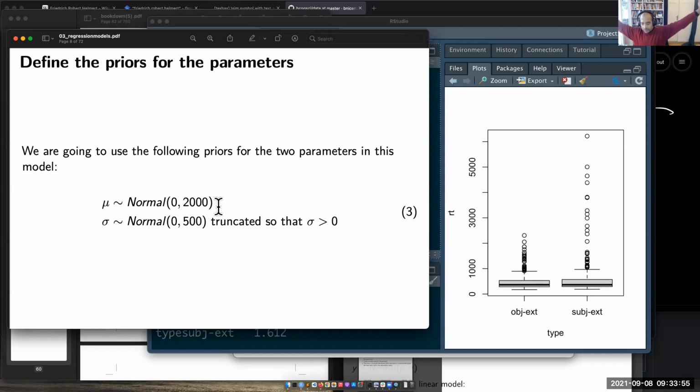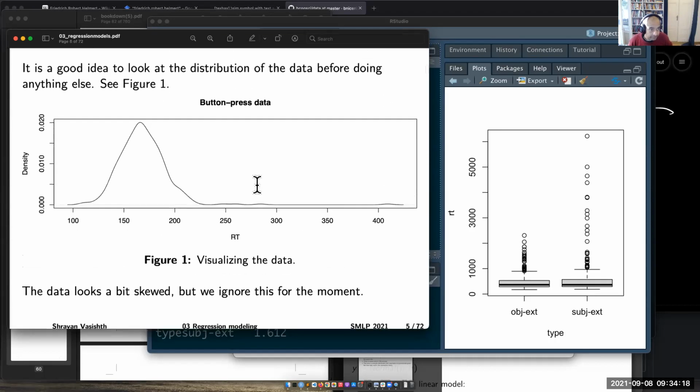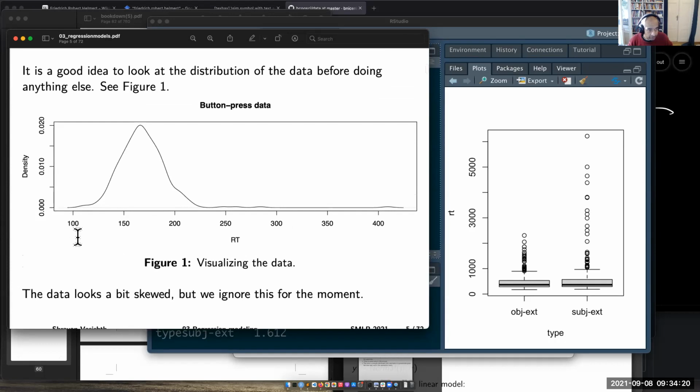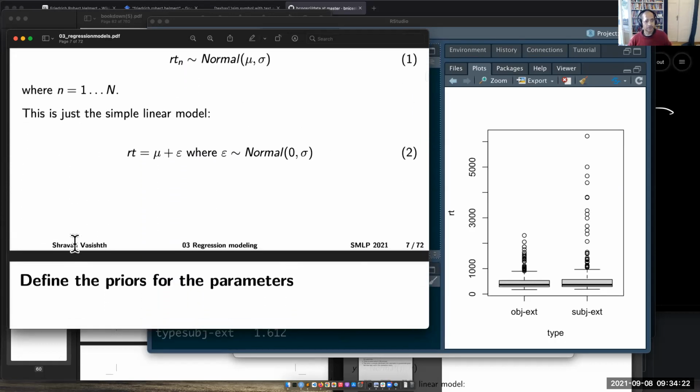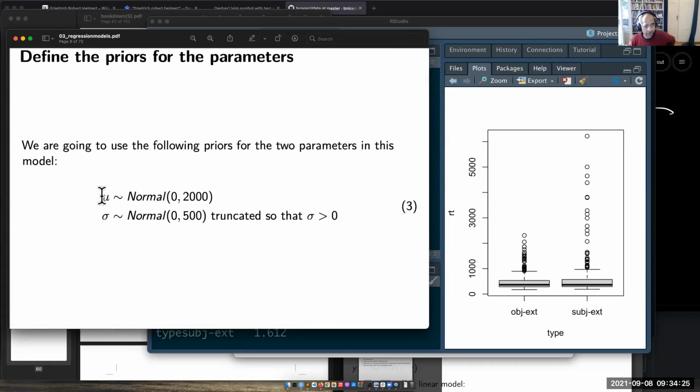This is such an uninformative prior that it is going to have almost no impact in determining the posterior given the data. It's a very vague prior, okay? And even though this prior contains ridiculous, impossible values, they will eventually play no role in determining the posterior because the data will never have any negative values, right? We just saw that. This is the distribution of the data. The lower bound is 100. So even though I've defined a silly prior for mu, nothing bad is going to happen.